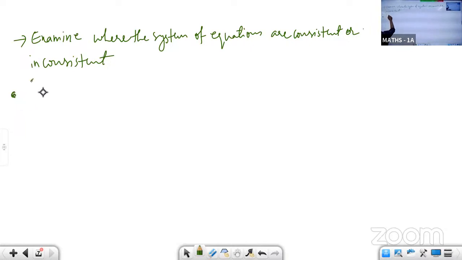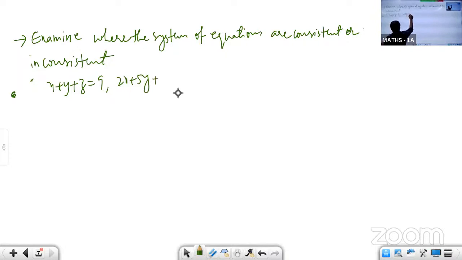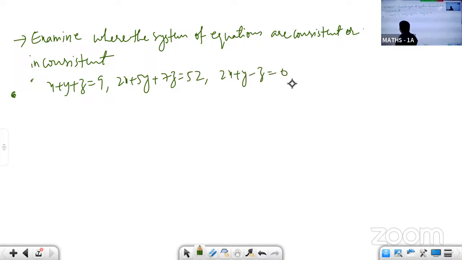What are your equations? It's given x plus y plus z equal to 9. 2x plus 5y plus 7z equal to 52. 2x plus y minus z equal to 0. These are your equations. Now I am going to write the augmented matrix. Sir, what is this augmented matrix?